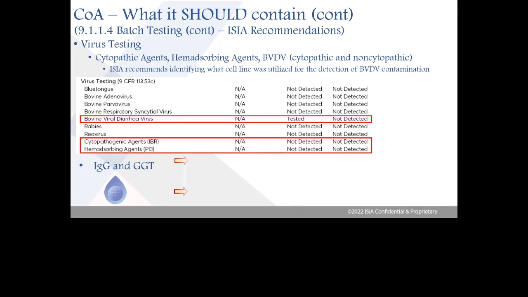IgG is a measurement of the quantity of IgG antibodies in the serum, should be reported in microgram per milliliter, and should be low. GGT, or gamma glutamyl transferase, is a liver enzyme, is reported as units per liter, and is very low in fetal serum.